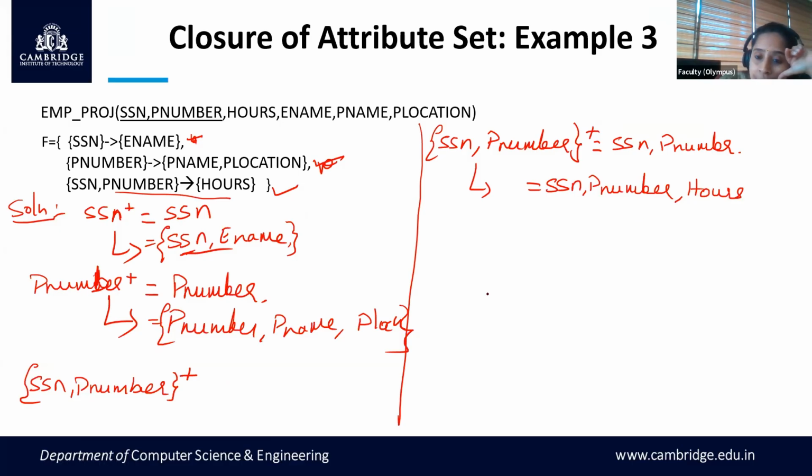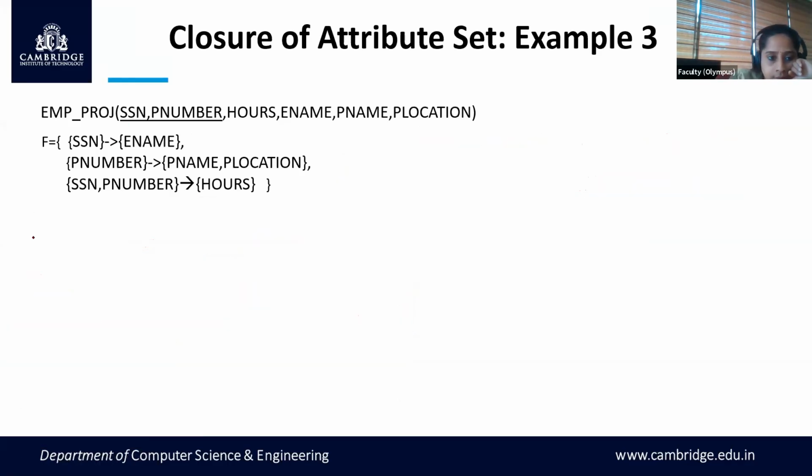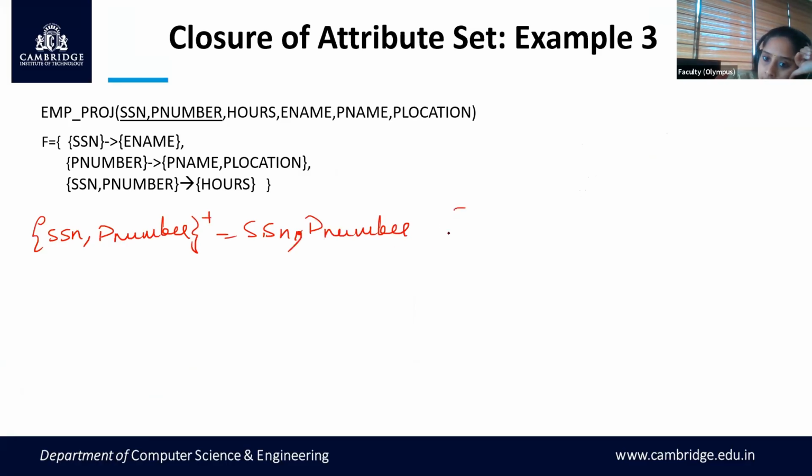Is that clear? Please use the FD there and then. Okay, I'll do one thing. Clear everything. I'll start from here. SSN comma P number is a reflexive rule.